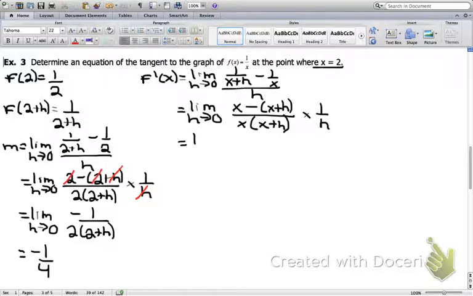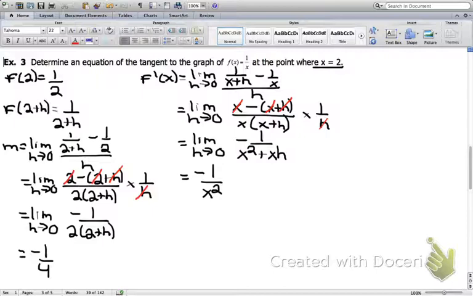Which is equal to the limit as h approaches 0. Again, it's very similar to finding our slope previously. Our x's are going to cancel out. We're going to have negative h, and that h is going to cancel out with the h in our denominator, which will leave us with negative 1 over x squared plus xh. Now if I sub in 0 for my h value, I'm just going to get my f prime of x, so my derivative, is equal to negative 1 over x squared.